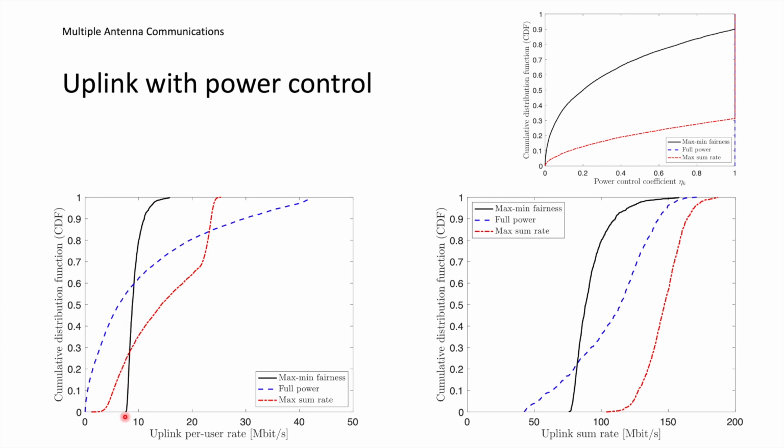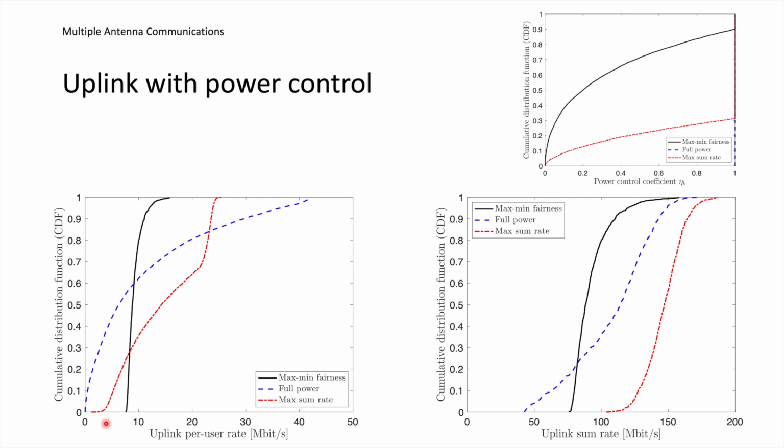In a given user drop, all of the users get exactly the same rate. But when we are dropping users over and over again, we will see rate variations because sometimes the users are more in the center of the cell and can get better rates, and sometimes you have users that are further out. Actually, most of the time you have some user that is close to the edge of the cell, and they are then limiting the performance for all of the other users.